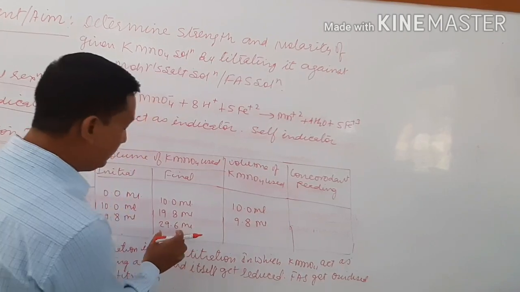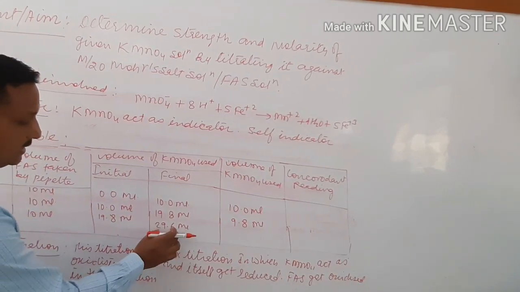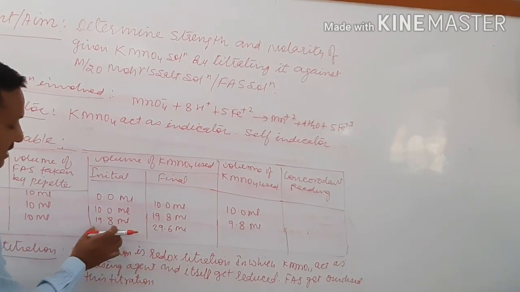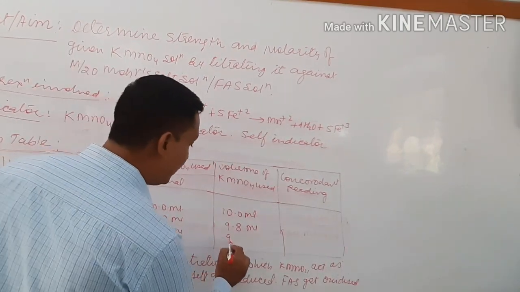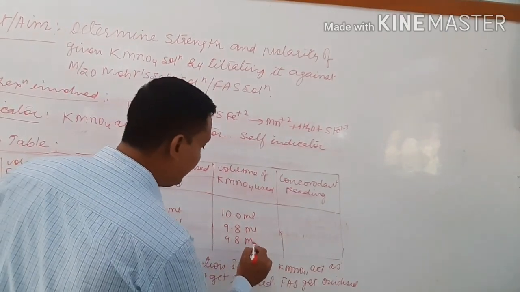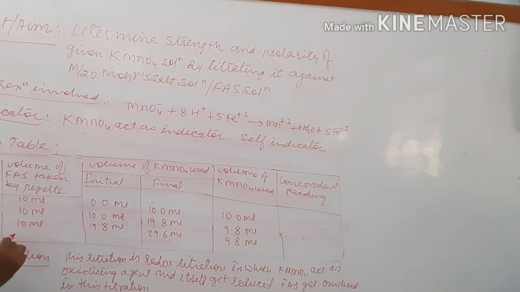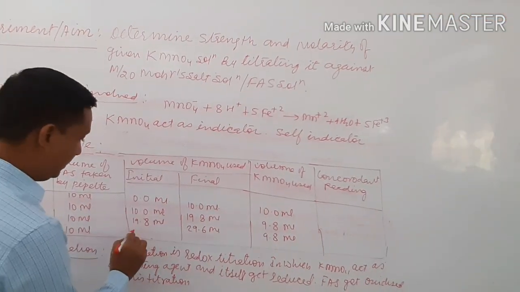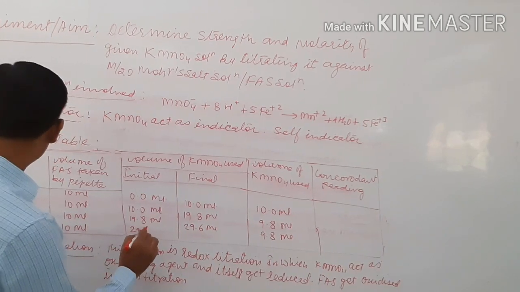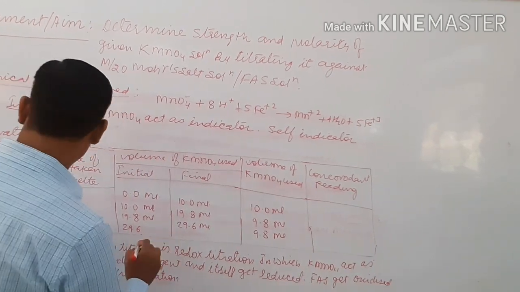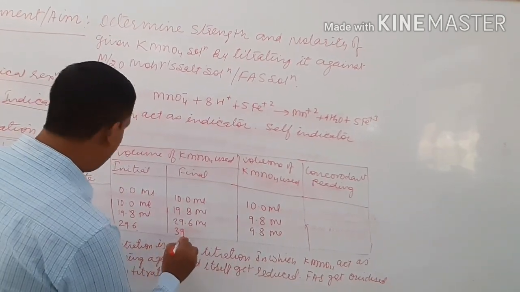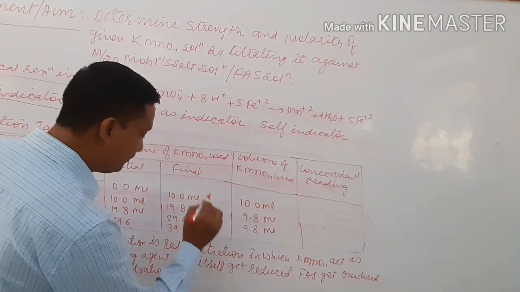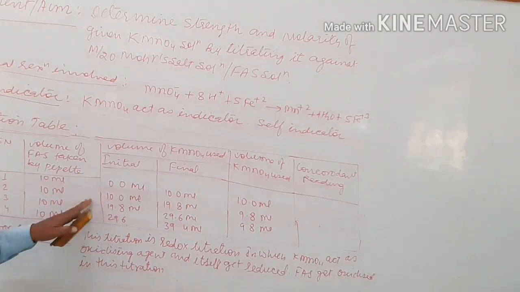If we subtract 29.6 minus 19.8, we get 9.8 ml. And suppose for the fourth reading we take 10 ml through the pipette, the initial reading is 29.6, and we get 39.4 in the burette.